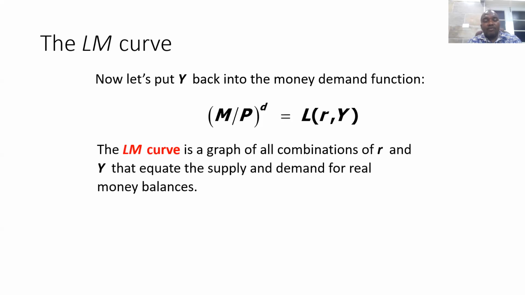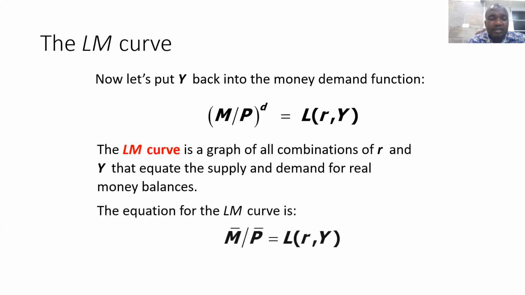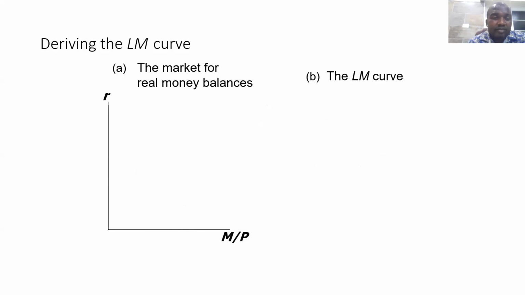The LM curve is a graph of all combinations of the interest rate and Y that equate money supply and money demand. The equation for the LM curve, implicitly defined, is M over P with bars, which is equal to L, defined implicitly as a function of R and Y, where R is the interest rate and Y is the level of national income.